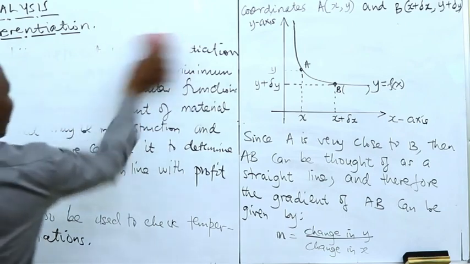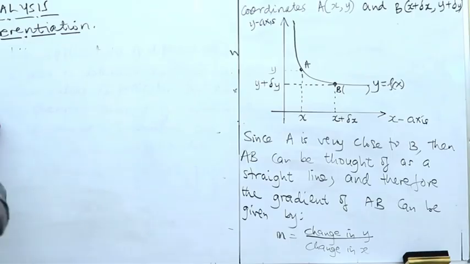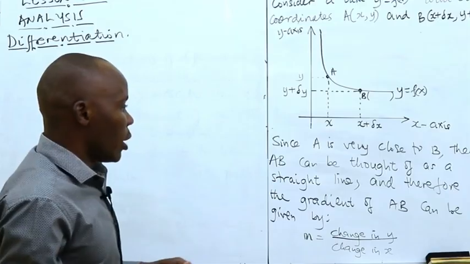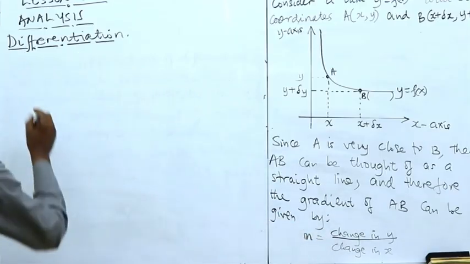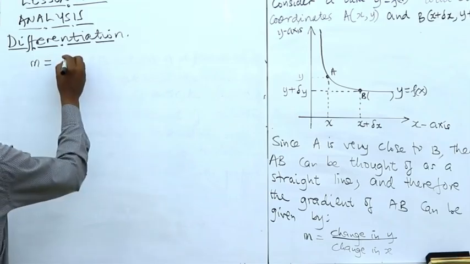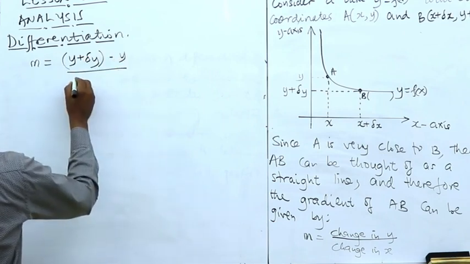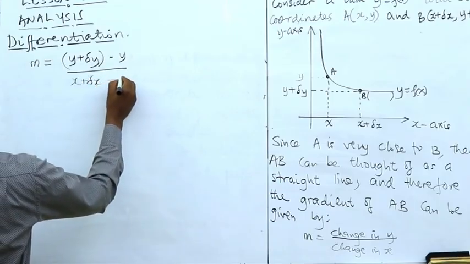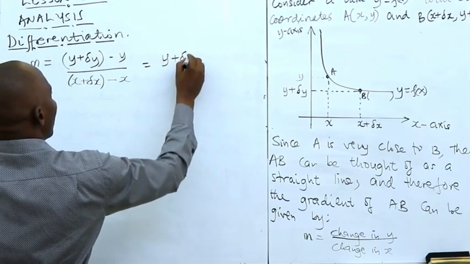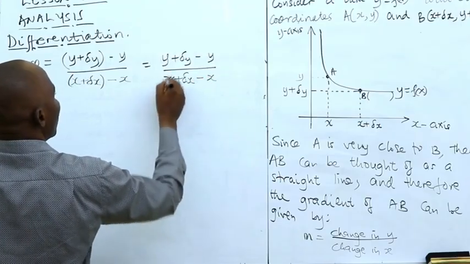So the gradient of AB can be given by m = change in y over change in x, which is (y + delta y - y) over (x + delta x - x).